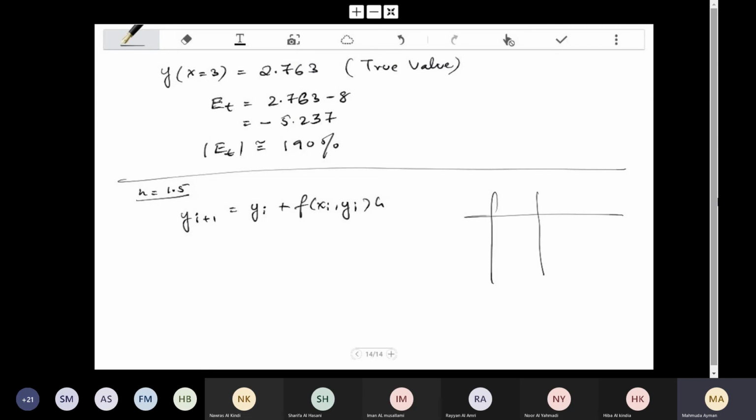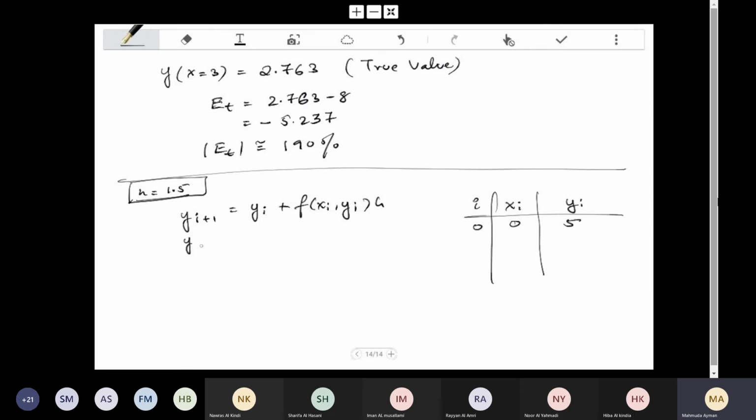It makes things more clear. So you have i, xi and yi. When i is equal to 0, we know that x0 is given to us as 0 and y0 is 5. So x0 and y0, we have the values already given to us. And this time we took h as 1.5.